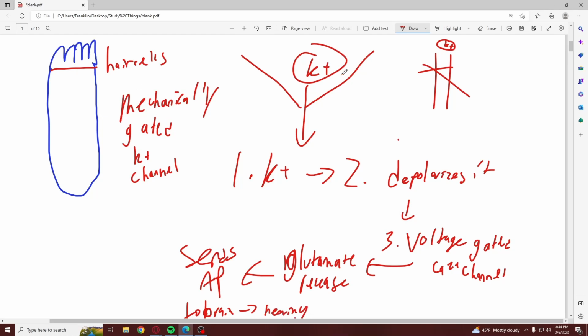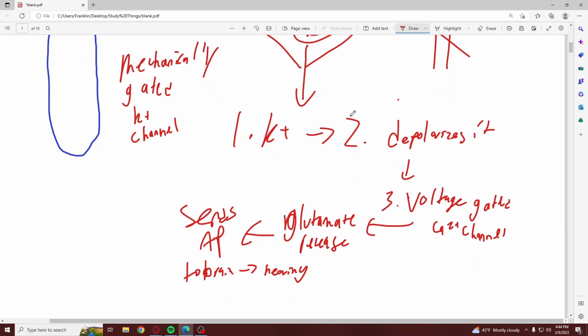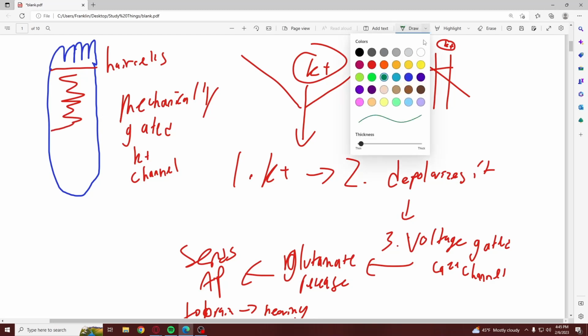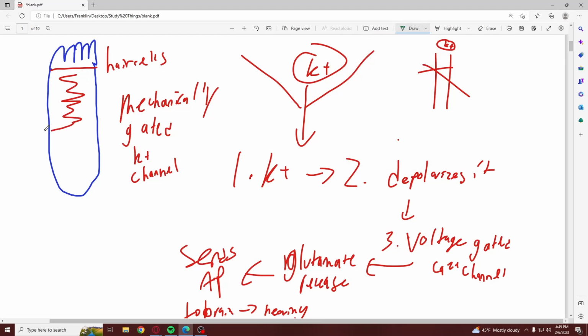Alright, so this is how it works. Again, the mechanically gated channels let K in, which depolarizes the cell, activating a voltage gated calcium channel.